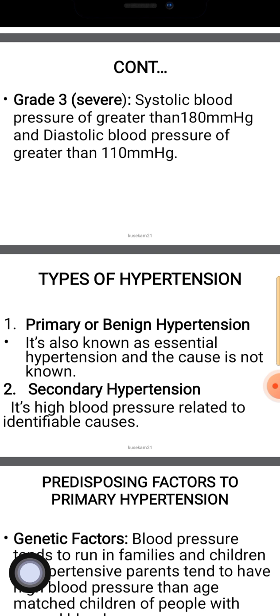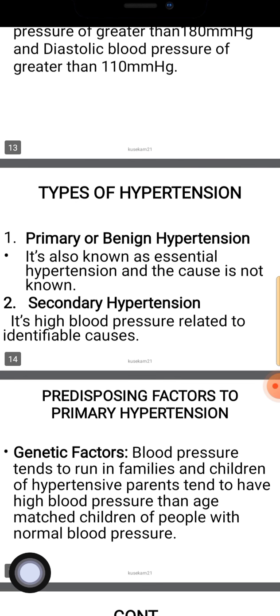Because of the overload of blood, they'll be ruptured. And when these blood vessels rupture, what will happen? They bring other complications. That's why it is called a silent killer. Someone may just die without you realizing that it's hypertension causing this.